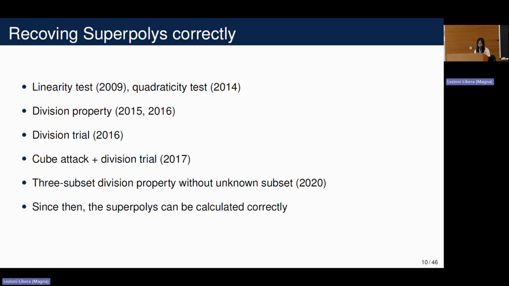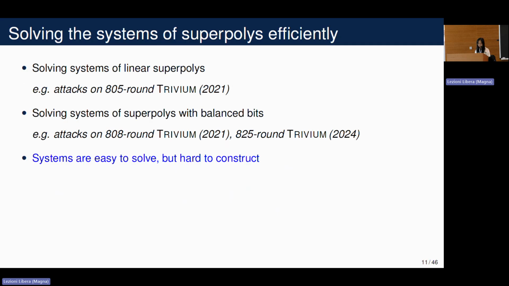In many years of work, the problem of recovering superpolys correctly was completely solved in 2020. So we focused on solving the systems of superpolys efficiently. Many researchers tended to solve systems of linear superpolys, or superpolys with balanced bits. But such systems are easy to solve and hard to construct. So we turn to search for and solve nonlinear superpolys.